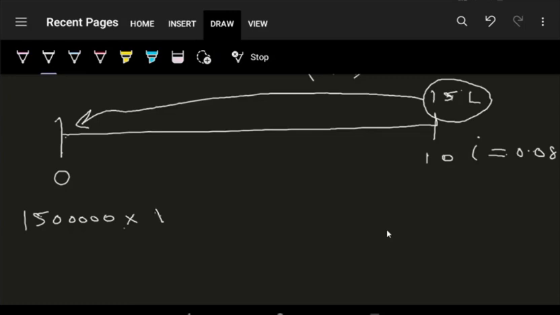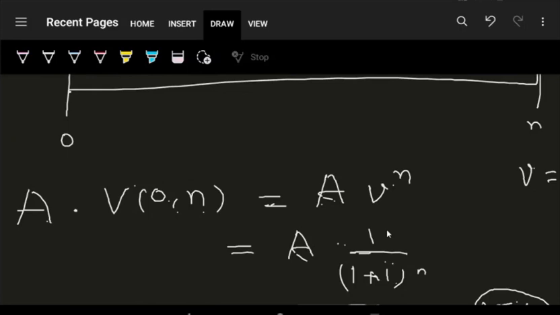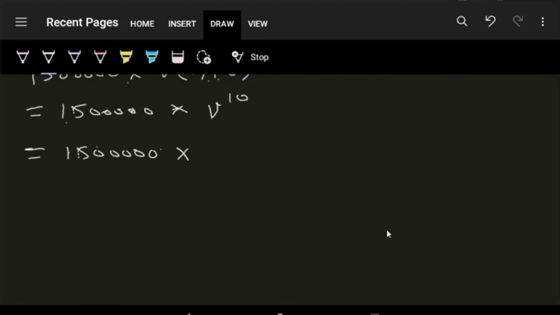So I will use the discounting factor of 0 to 10, and the discounting factor would be v to the power 10, or you can do it like this: 15 lakh into 1.08 to the power minus 10.